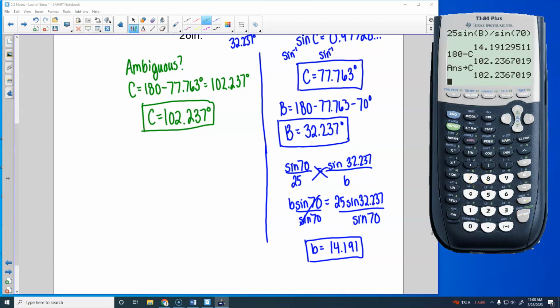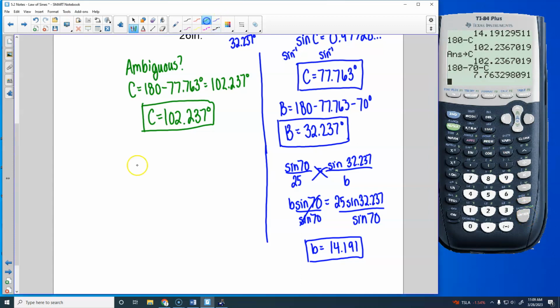So now we're saying, wait a second, C does not equal 77.763. It equals 102.237 instead. And so we will do 180 minus 70 minus C, and we'll get 7.763. So for angle B, we're doing 180 minus 70 minus the 102.237.